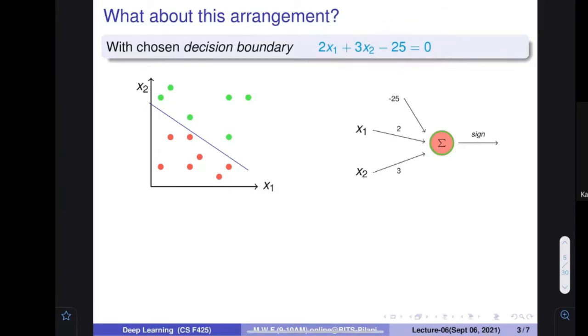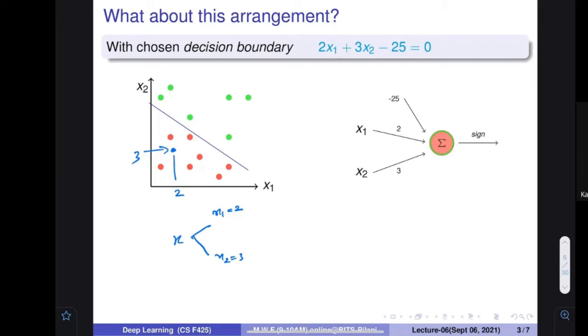What does it mean? If any new item is coming to you, for example, an item comes at this particular place, and I think it is 2 3. Let's assume the point is 2 3. So for this item, I measure the value of x1, which is 2, and the value of x2, which is 3.